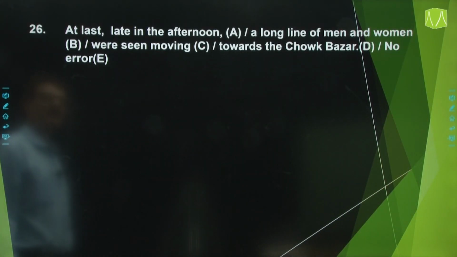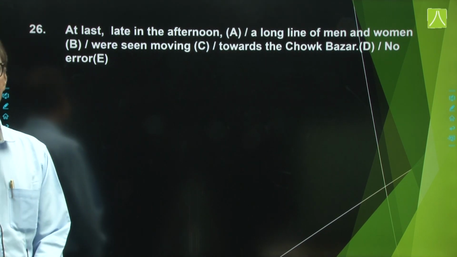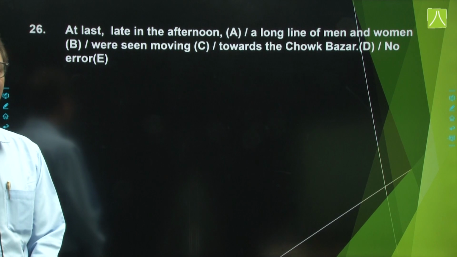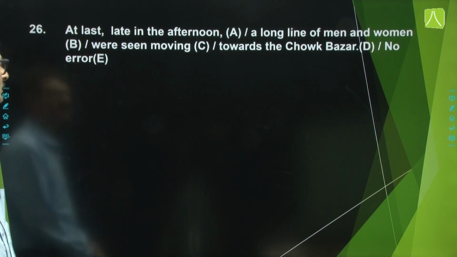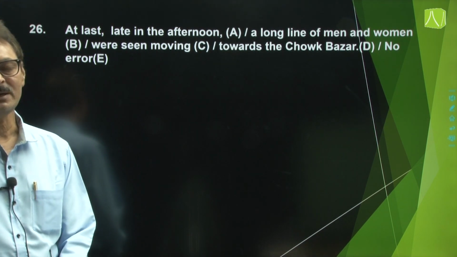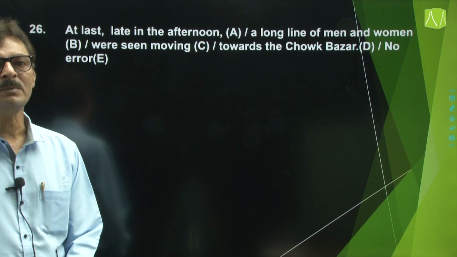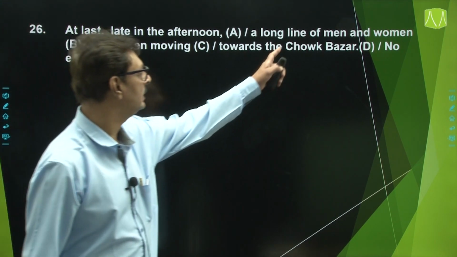The next one. At last, late in the afternoon, a long line of men and women was seen moving toward the chalk bazaar, and E is the correct option if you feel there is no error. किसकी बात कर रहे हैं? Are we talking about men and women or the line of men and women? हम बात कर रहे हैं line की.